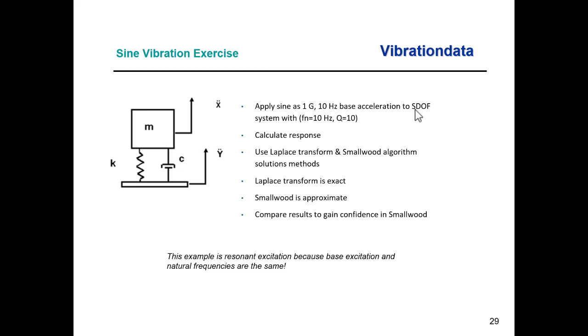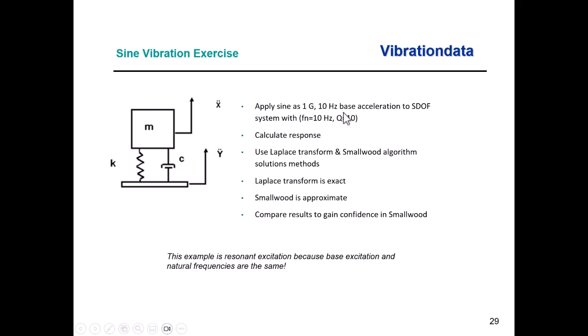So this spring mass system is a mechanical analogy of an electrical filter that could be made up using resistors, capacitors, and inductors. We won't go that far today, but that's something you could look into for homework. So we are going to apply a y double dot steady state sine.